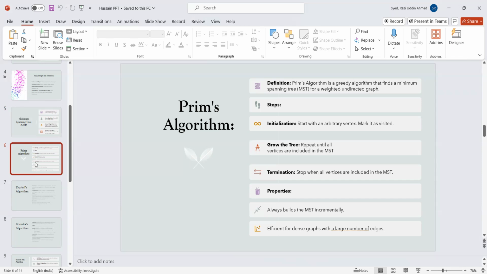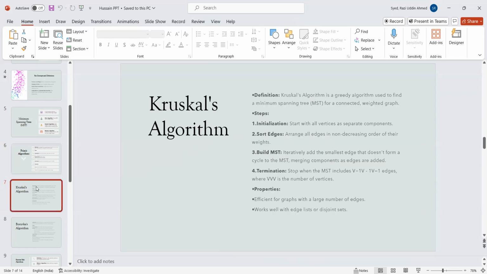And we'll go to the next slide. Kruskal's algorithm. Kruskal's algorithm is a greedy algorithm used to find minimum spanning trees, MST, for a connected weighted graph. There are some steps for that: initialization, sorting edges, building the MST, termination, and properties.